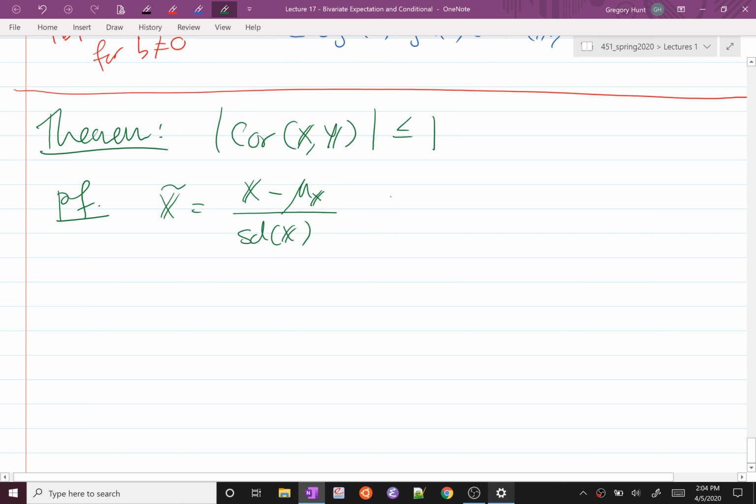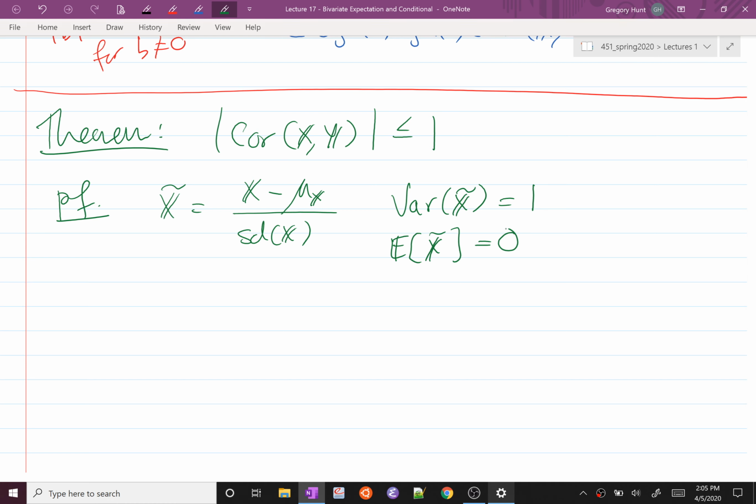If I do this, this is basically a z-score, then the variance of x tilde is 1, and the expected value of x tilde is 0. I'll let you think about why that's true. That's just applying the previous formulas. But z-scores force the variance to be 1 and the mean to be 0. And we can similarly look at y tilde, which is y minus its mean over its standard deviation.